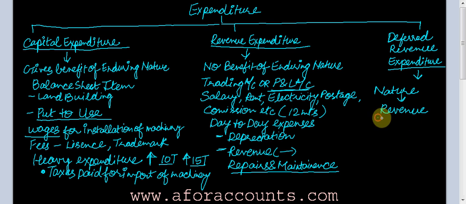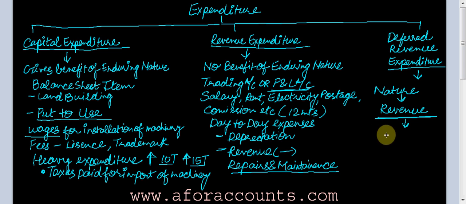But an expenditure of revenue nature in a considerably higher amount, the benefit of which I will receive not only over one accounting year but even for further accounting years to come, that expenditure is known as deferred revenue expenditure.